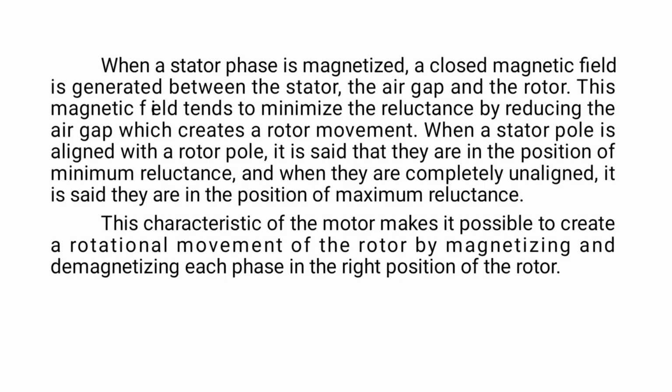When a stator phase is magnetized, a closed magnetic field is generated between the stator and the air gap of the rotor. This magnetic field tends to minimize the reluctance by reducing the air gap, which creates a rotor movement.